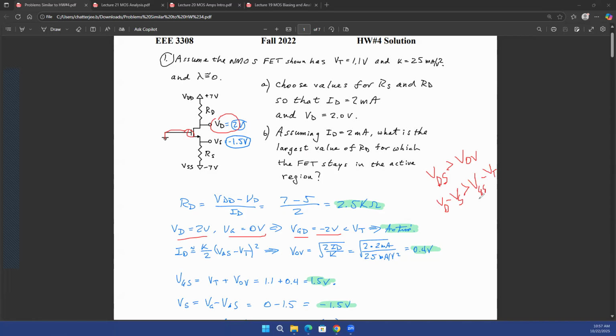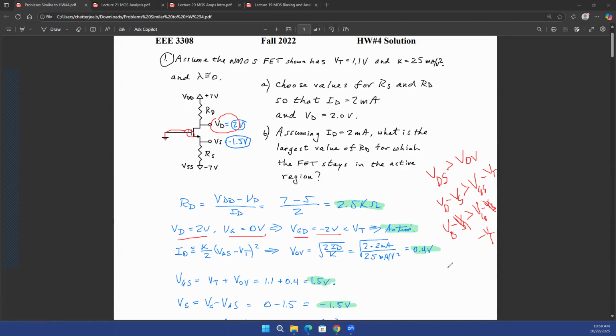Now VGS you can write as VG minus VS. So VD minus VS is going to be larger than VG minus VS minus VT. Now you have VS on both the left and right hand side, so you can just cancel out VS. So what you have is VD greater than VG minus VT.